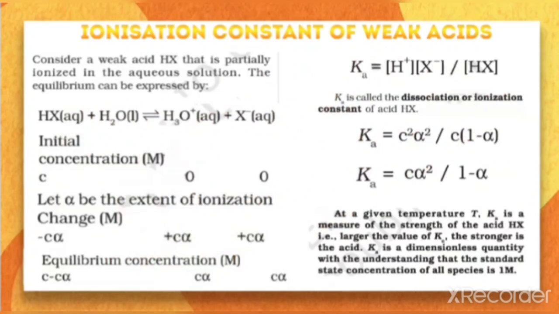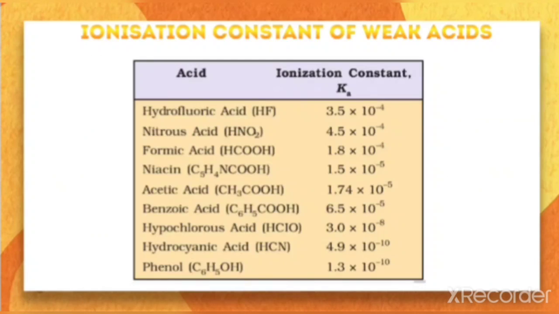So that can be explained with the help of a chart which is given in the textbook. Some of the important acids are given here and their values of Ka are given here. When you compare the values here, we can see that for HF the value of Ka is given to us, and HNO2 like this.